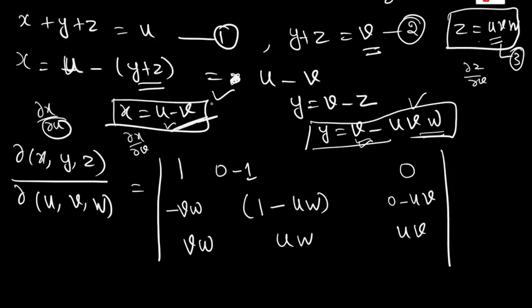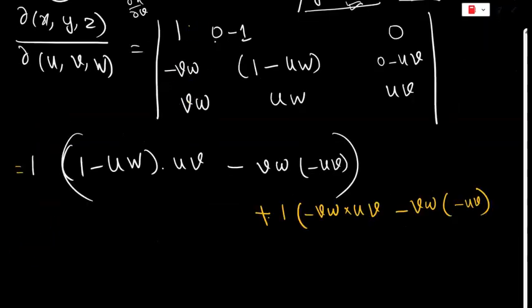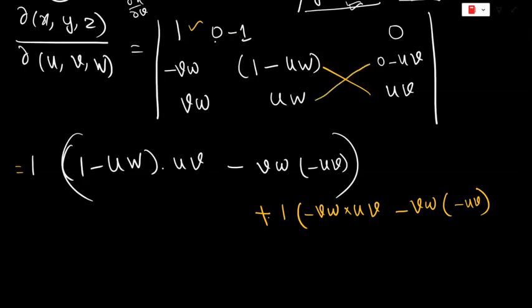Now we are going to find the determinant value and we have to simplify it. Let me write the determinant value. See here, 1 into this, that is u v into 1 minus w, minus this into this, uw into minus uv. Okay, this minus sign is in the determinant.